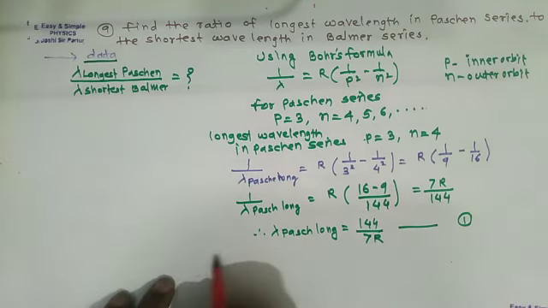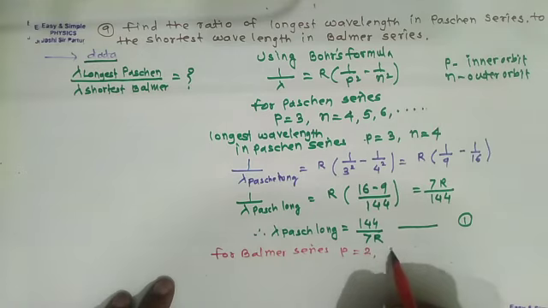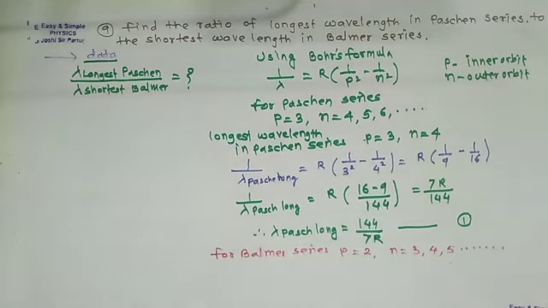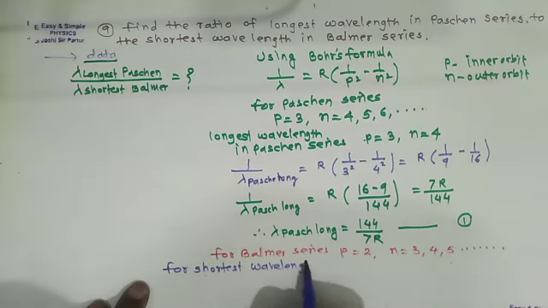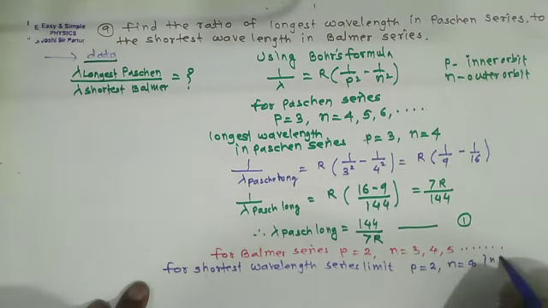Again, the shortest wavelength. So for Balmer series, p equal to 2, n equal to 3, 4, 5, and so on. But shortest wavelength means series limit. P equal to 2, n equal to infinity in Balmer series.